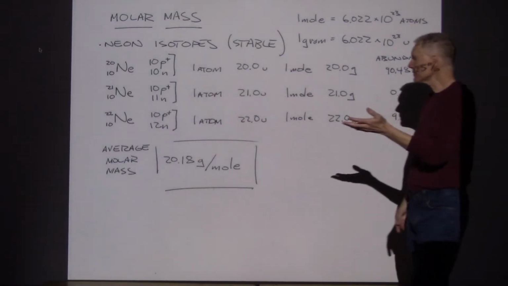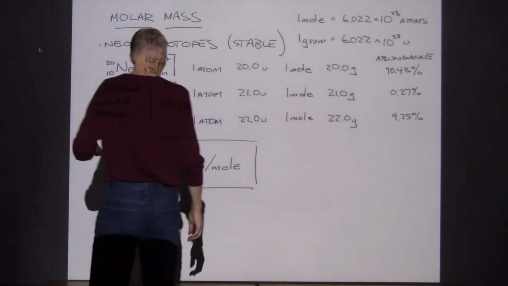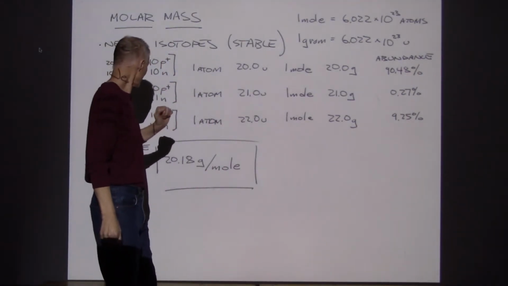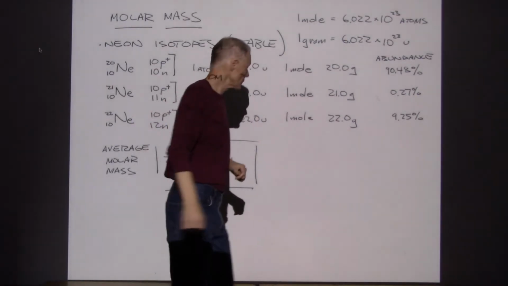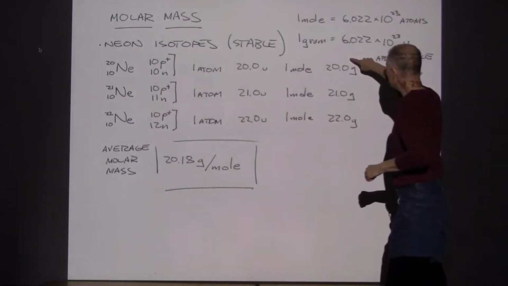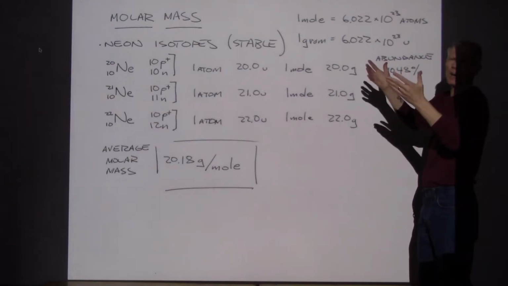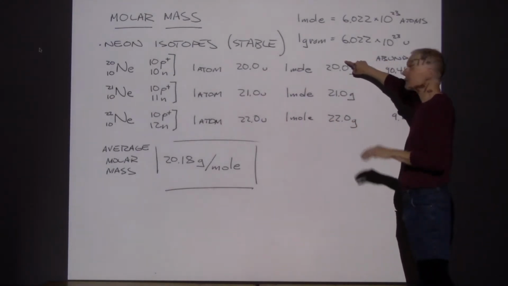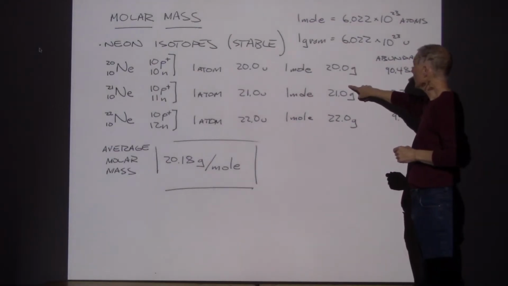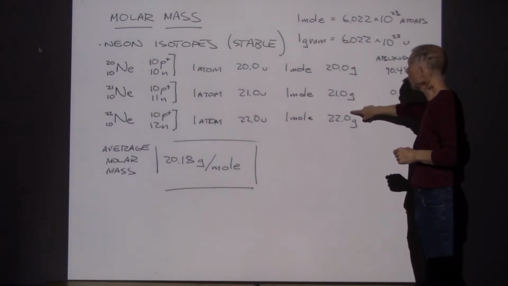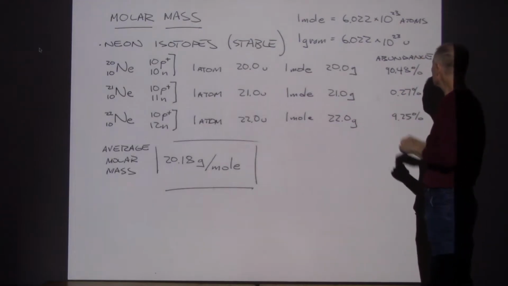So if I take 1 mole of each of these isotopes, each one individually is going to be very, very close. These are not exact, but neon 20 is almost exactly 20 grams per mole. Neon 21 is almost 21. Neon 22 is almost 22.